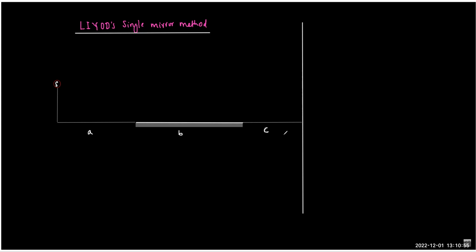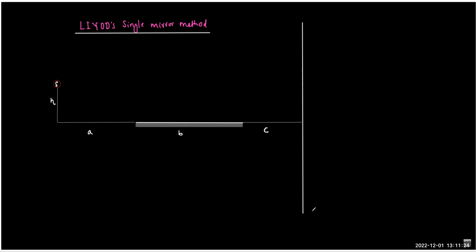Now interference means at least light should come through two sources, but here we have only one source. So we need at least two paths, like the light ray should travel two paths so that there should be some path difference and then only we can have the pattern, right?